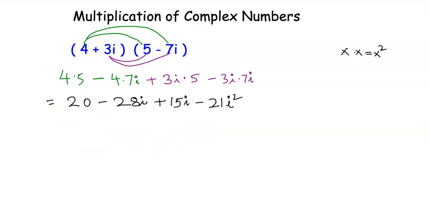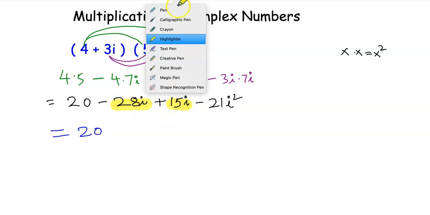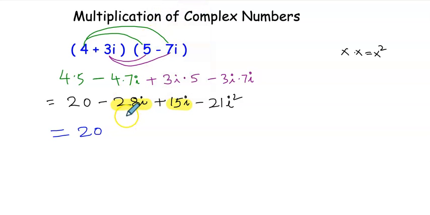Okay. So let us see. This gives you, in the next step, 20 minus 28i plus 15i. These two are like terms, right? i is here and there is an i, so you can combine those two together. What do you get from that? Minus 28 plus, so one is a negative and other is positive.